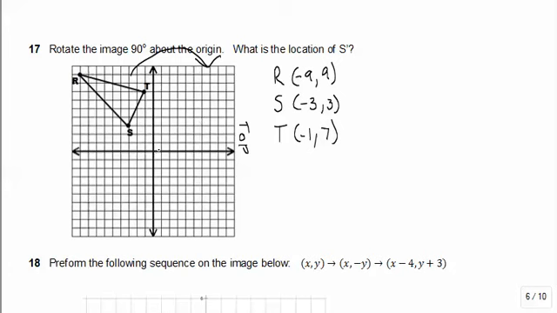So for R, we're going to go left 9 and up 9. So this is my new R. For S, we go left 3 and up 3. This is my new S. And then left 1 and up 7.